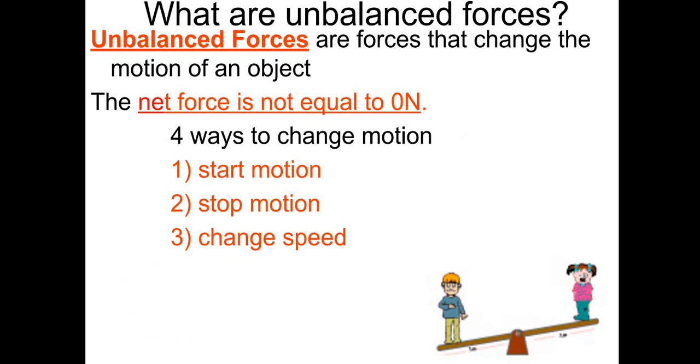Anytime a force is applied to an object to make it change speed, speeding up or slowing down, you have an unbalanced force acting upon that object. And the fourth way is to change direction. Even though something is going the same speed, if it changes direction, it's being acted upon by an unbalanced force.